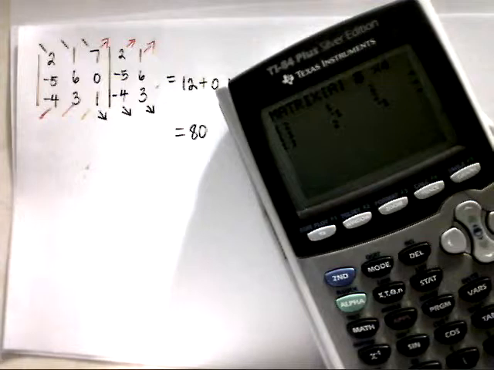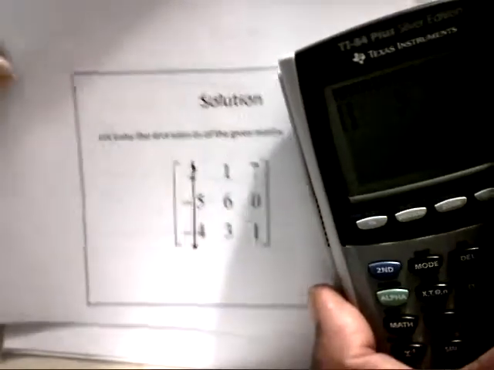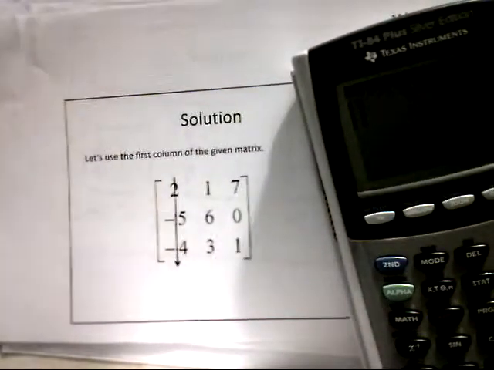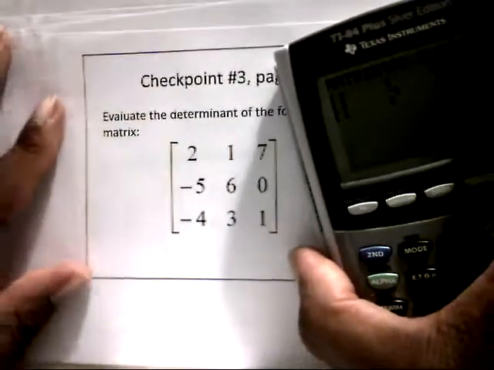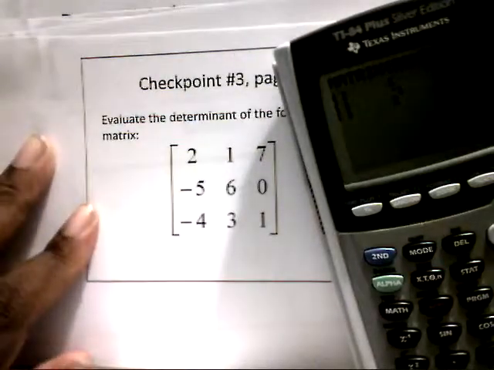Now in this case, let me get the original matrix that I started off with. Okay, in this case, as you can see, this is a 3-row, 3-column matrix. It's a square matrix, by the way.